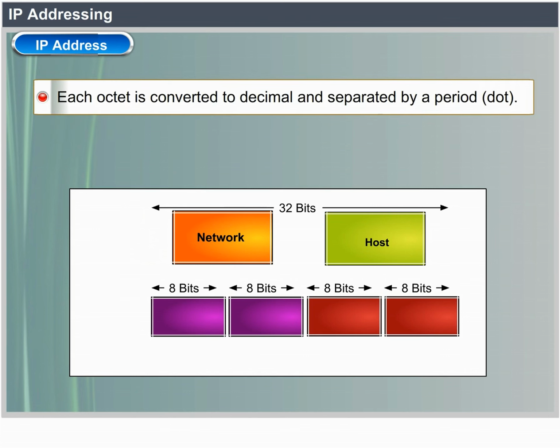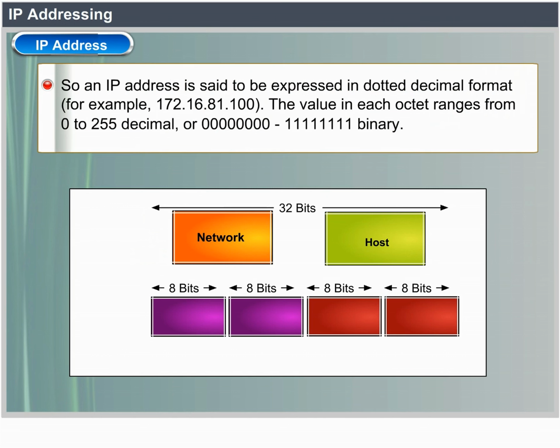Each octet is converted to decimal and separated by a period, or dot. For this reason, an IP address is said to be expressed in dotted decimal format. For example, 172.16.81.100. The value in each octet ranges from 0 to 255 decimal, or 8 zeros to 8 ones binary.